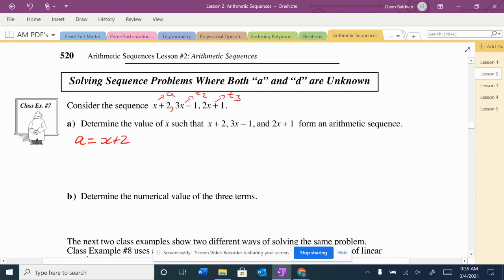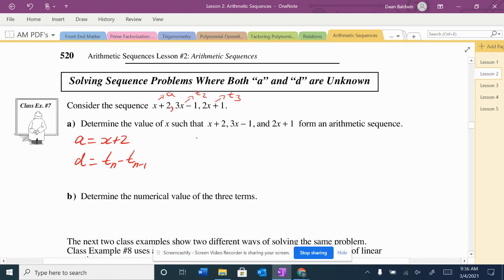And it doesn't matter if you do the first two terms and subtract them, or you do the third and the second term, correct? So D is equal to Tn minus Tn minus 1, the term previous, essentially, right?